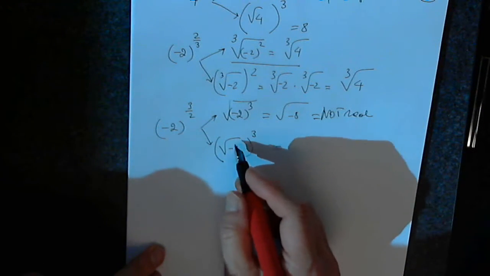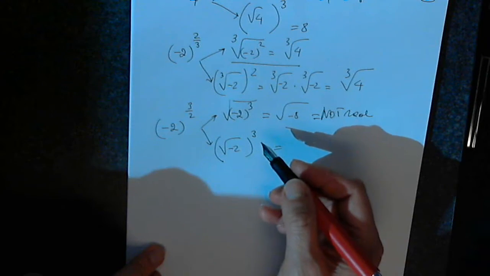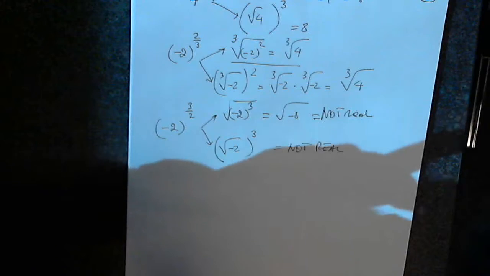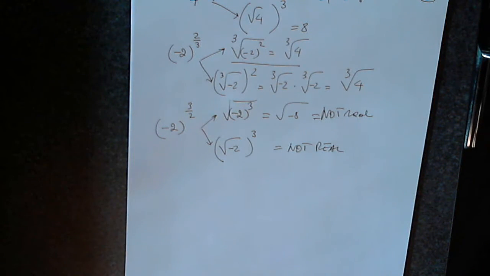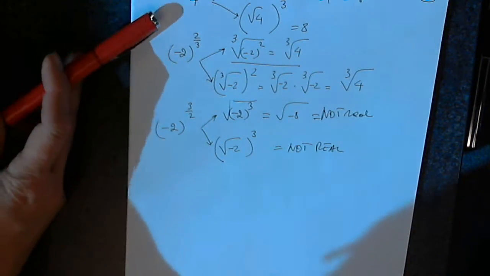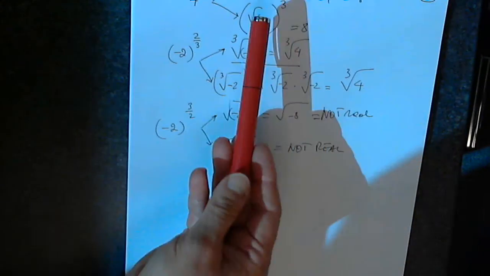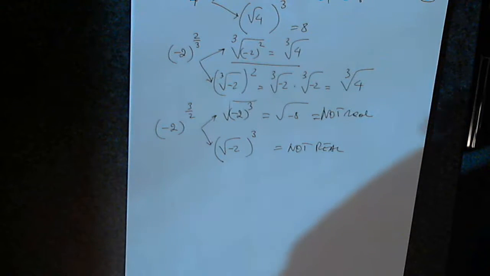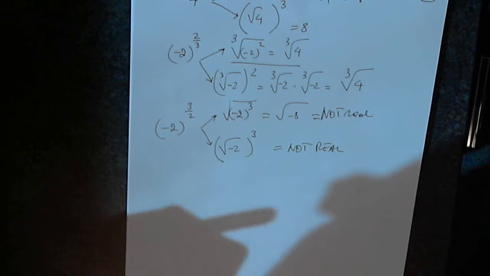And the same thing here, the square root of negative 8, I don't have to raise it to the third power. I will say not real right away. In the first case, I may not see that negative 2 to the third is negative 8. So I presented 3 different situations, 3 different simplifications. Sometimes this is easier than this method. It's up to you, but just be careful.